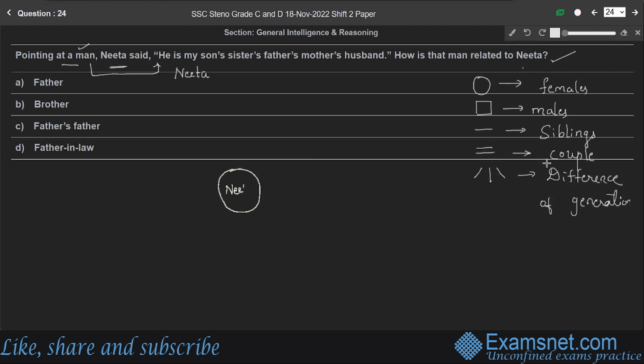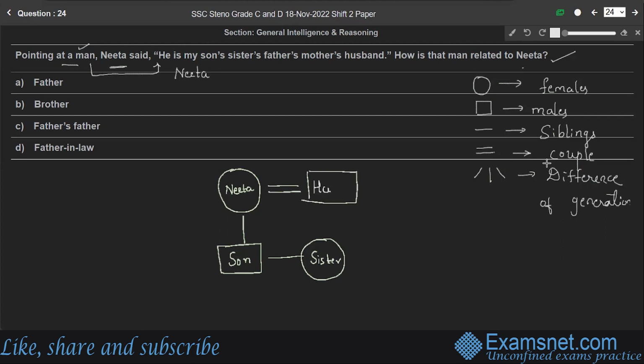Neeta's son, so difference of generation. Use a square symbol for her son. My son's sister means her daughter. Sister's father means Neeta's husband.